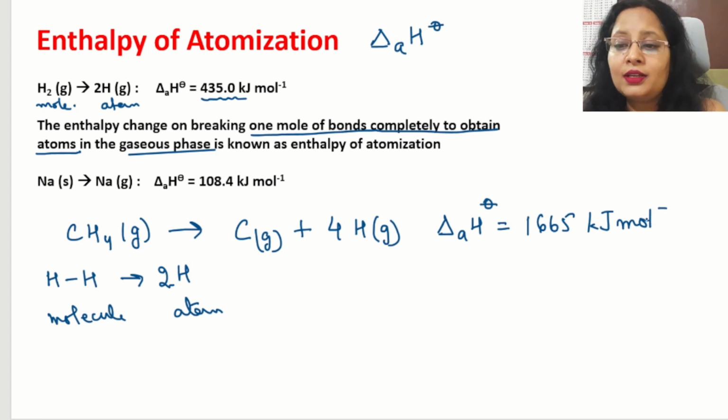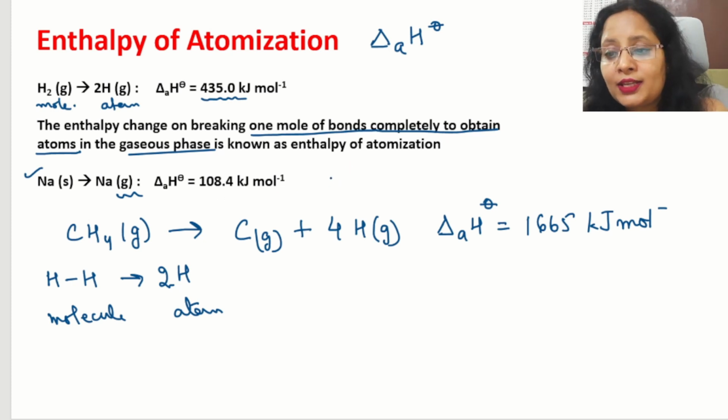Very easy. One more example which is mentioned in the book. Sodium in the solid state gives sodium in the gaseous form. Here delta a H standard is 108.4 kilojoule per mole.